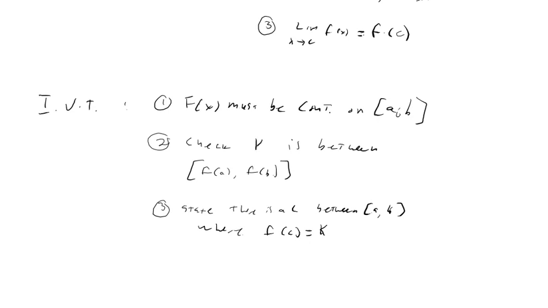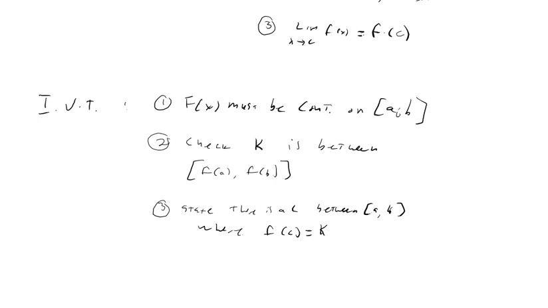Check that k is between f of a and f of b. There's some y value, that k value. State that there is a c between a and b, where f of c equals k. That's our intermediate value theorem.